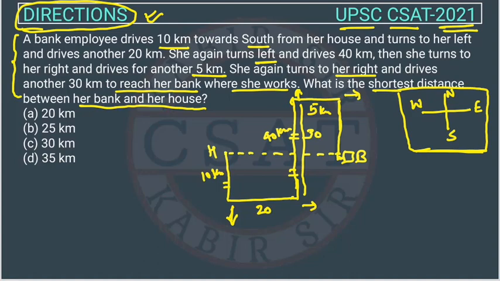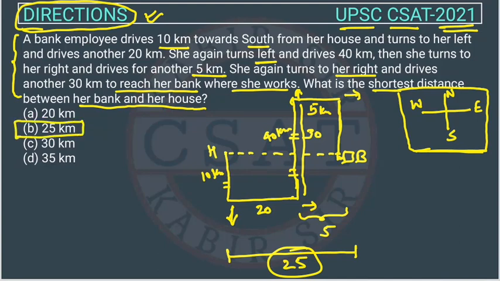This is 5. So from here till here, the distance will be 20 plus 5, which is 25. So the shortest distance is 25 kilometers. The answer is option B.